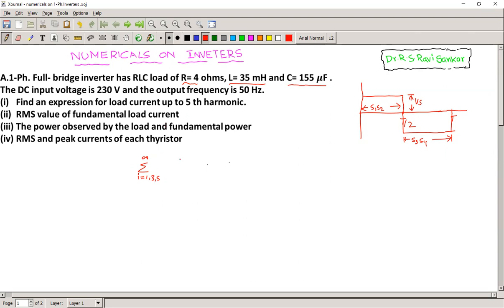This is a full bridge inverter, so 4V by n pi sine of n omega t.